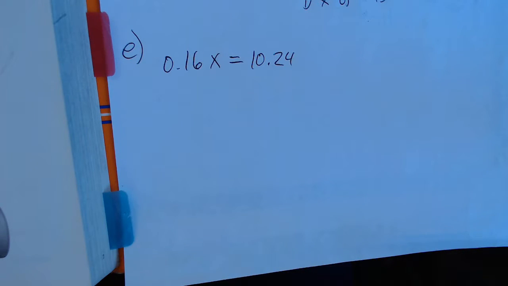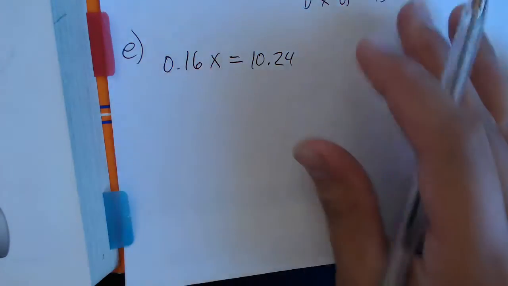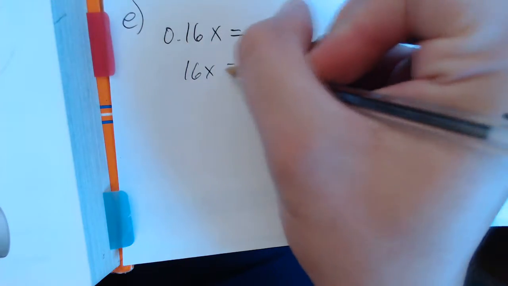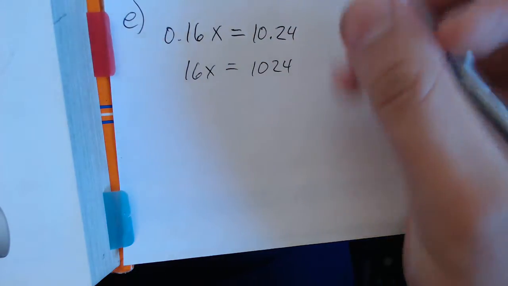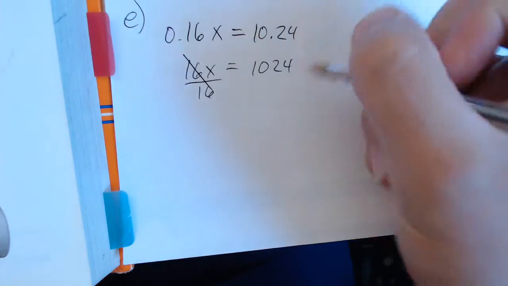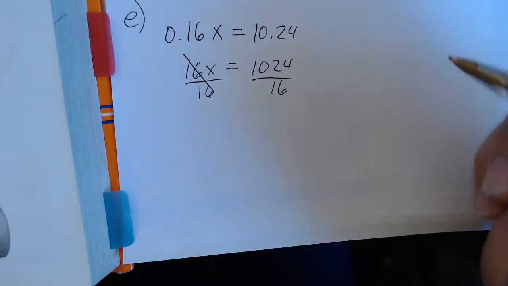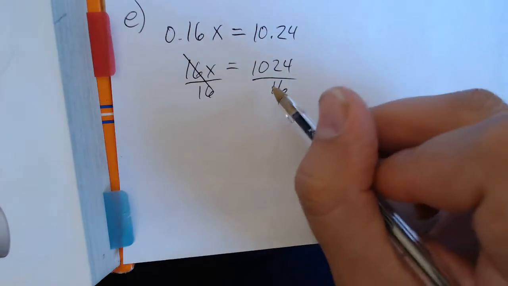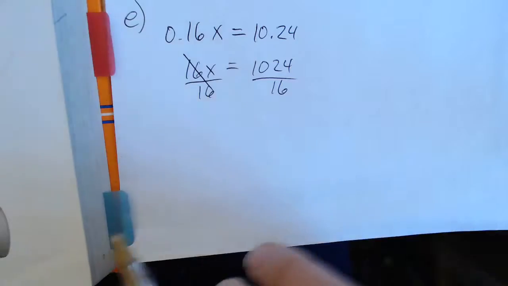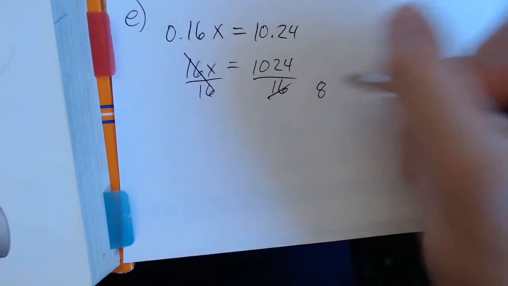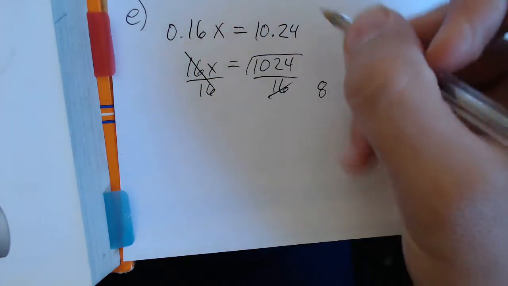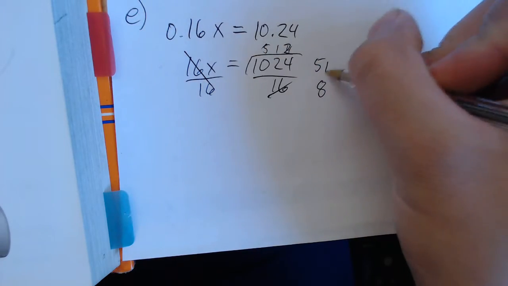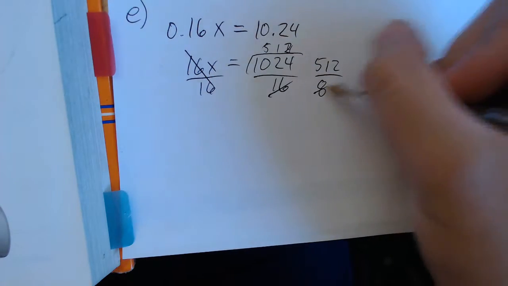Now, if you remember how we solved equations with decimal numbers, we can multiply this entire thing by 100. That turns it into 16x equals 1024. Then we divide each side by 16, and that will give us our answer for x. From here, I know I can reduce each of these by 2. I don't know if I can reduce them by 4 or 16, but I know I can definitely reduce them by 2. So 16 divided by 2 is 8. 2 goes into 1024 512 times. Again, we have two even numbers, so we can reduce by 2 again.